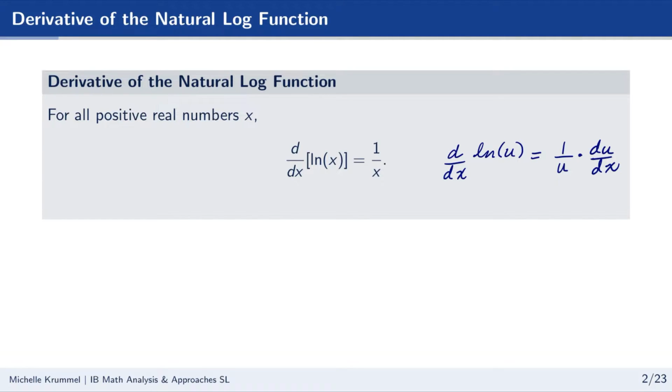Or in other words, if we have the natural log of stuff, the derivative of that is going to be 1 over the stuff times the derivative of the stuff. Let's look at some examples.